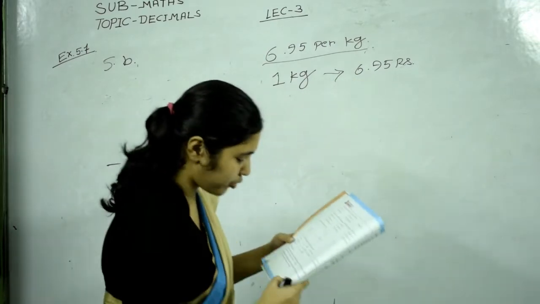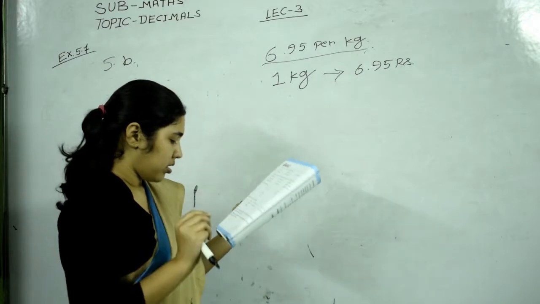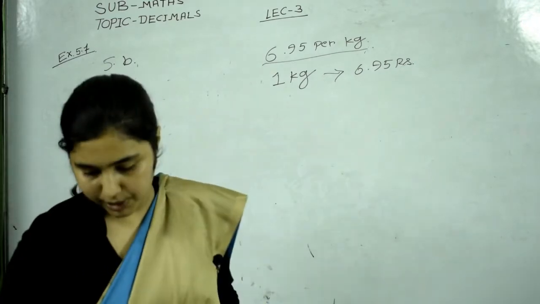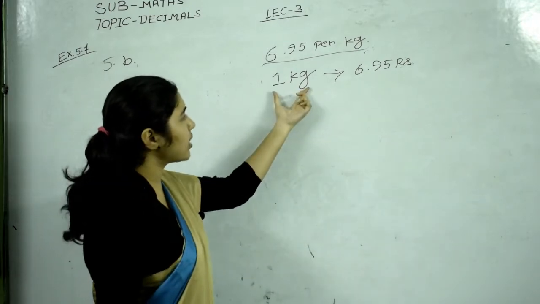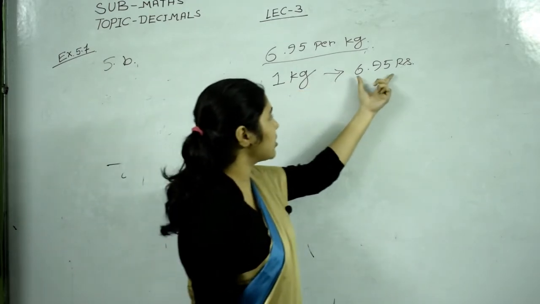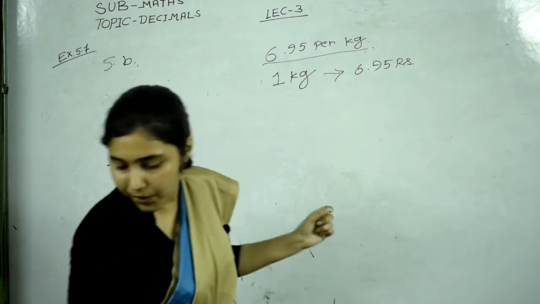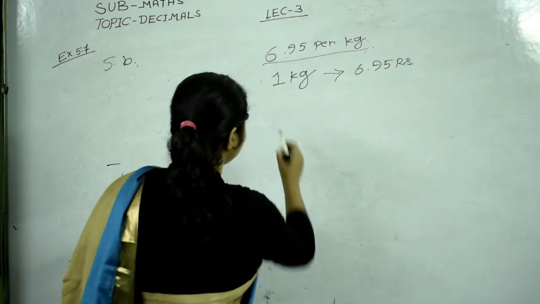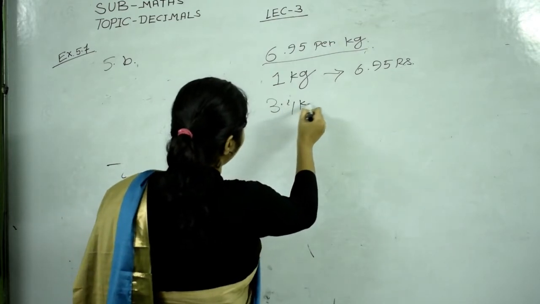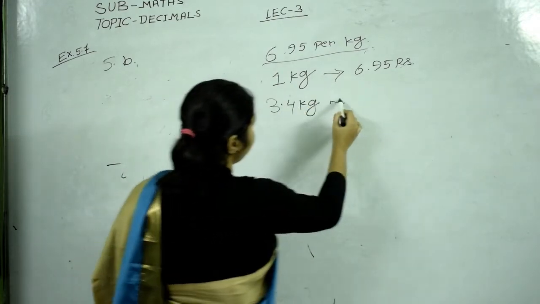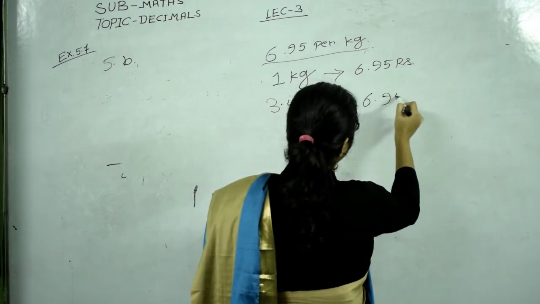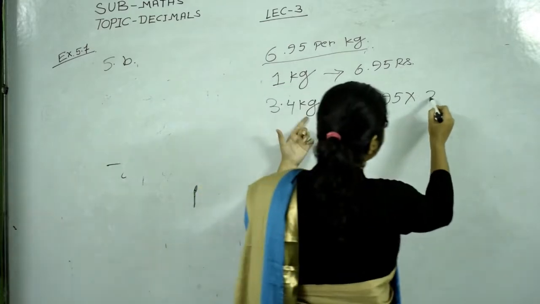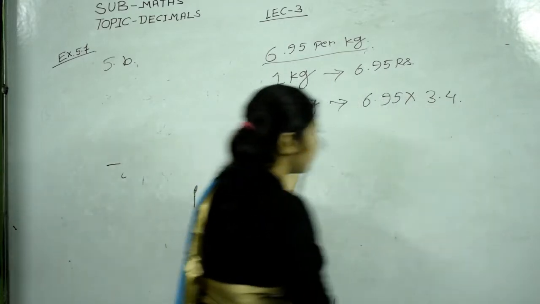So here we have to find the cost of 3.4 kilograms of coffee. The cost of 1 kg of coffee is 6.95, and we have to find the cost of 3.4 kg of coffee. So the cost of 3.4 kg of coffee is 6.95 multiplied by 3.4.